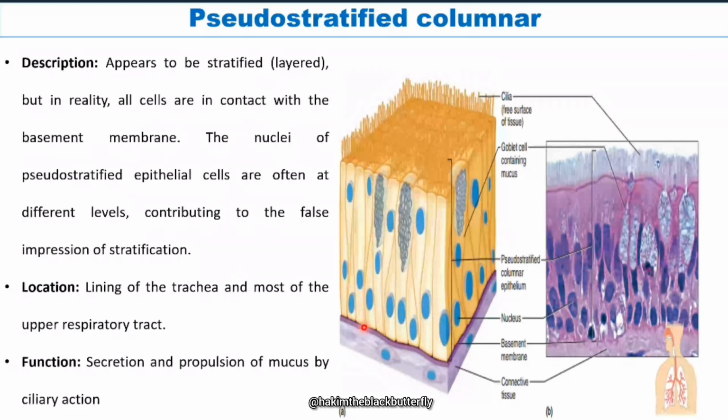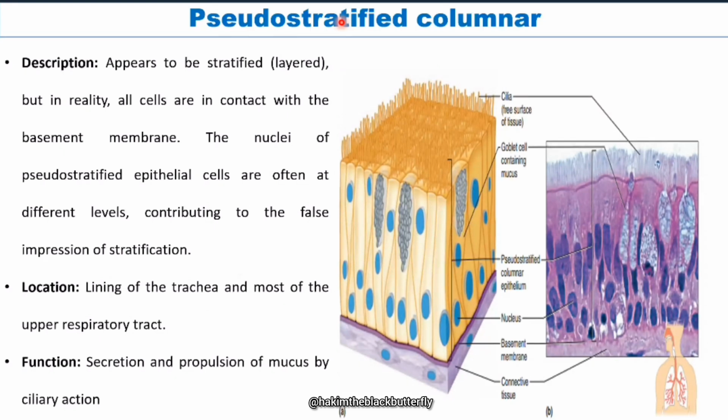We don't have second layers, just one layer of cells. But it appears as if it is multi-layered because the nuclei of these cells are positioned at different levels. That's why we call it pseudo-stratified. It is falsely seen as if it is stratified, but it is not. It's actually under simple epithelial tissues.